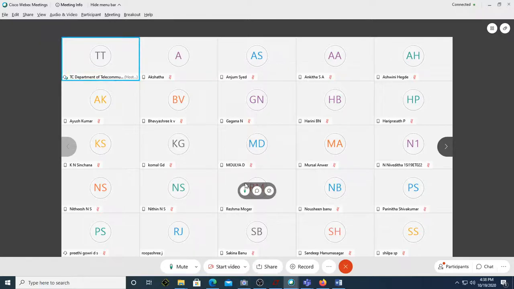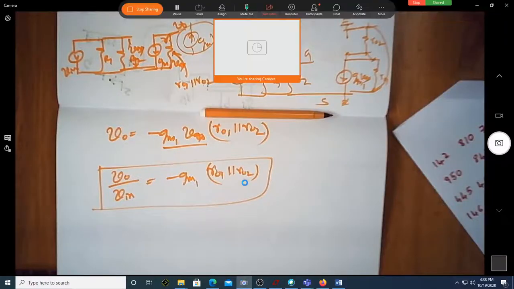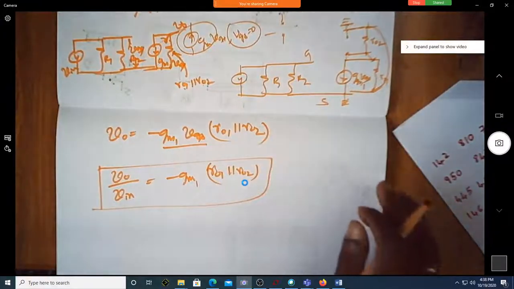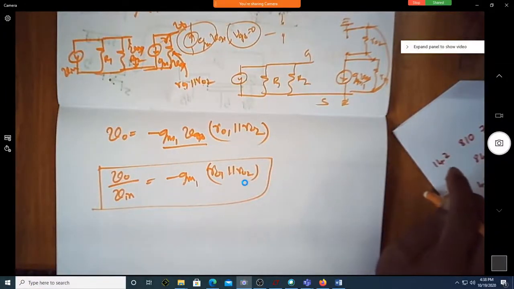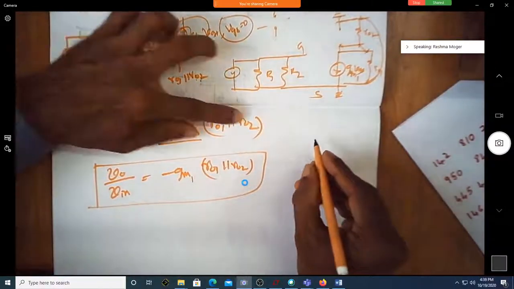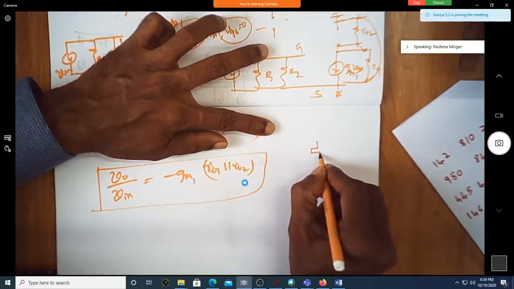I'm trying to share the video again. Fine. Okay, no issues. Is this fine? This is the equation for voltage gain for a circuit which is something like this.